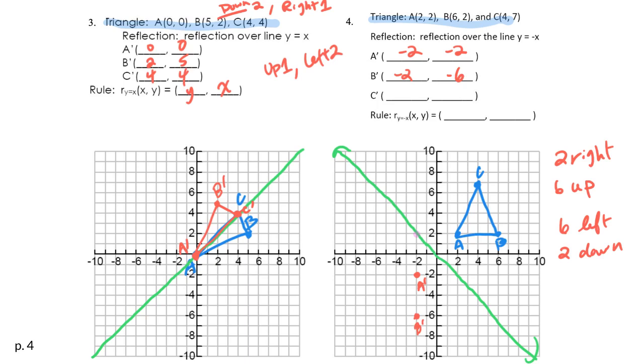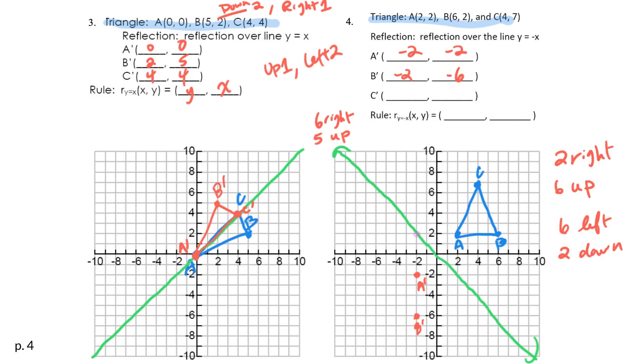So if I'm looking at C from this point on my central line, I notice that I'm going 1, 2, 3, 4, 5, 6 to the right. So let me just write that. I'm going 6 to the right. And then after I go 6 to the right, I'm going to go 1, 2, 3, 4, 5 up.